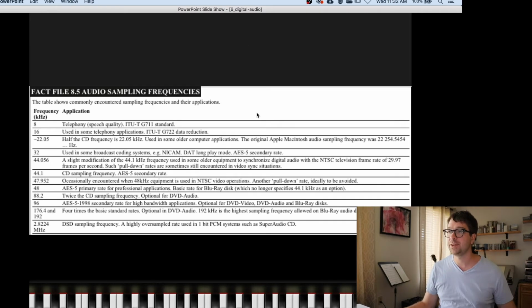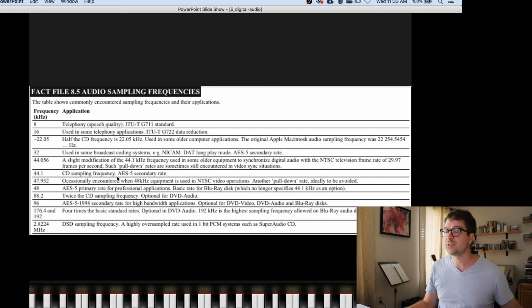So here are some common sample rates with audio. Telephones use 8,000 measurements per second, or 8 kilohertz sample rate. So that quality, the kind of low quality telephone signal, has the least number of samples that you can use.